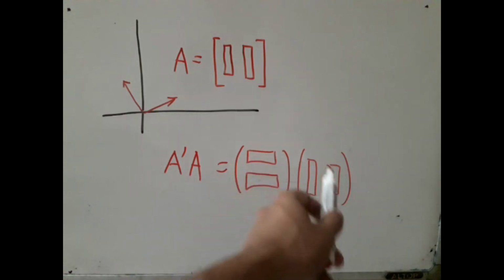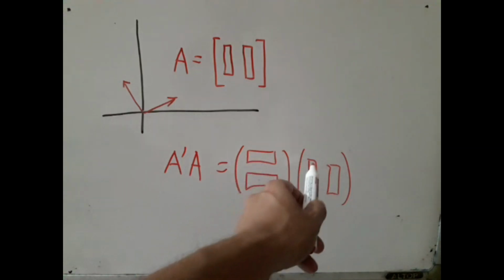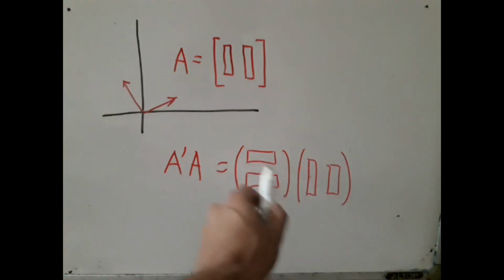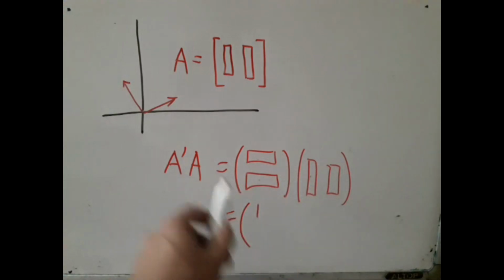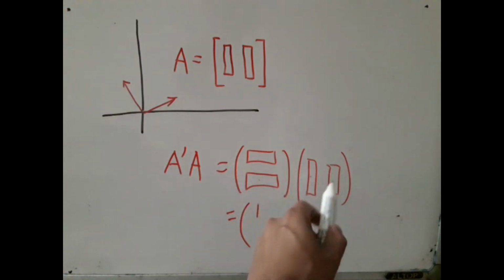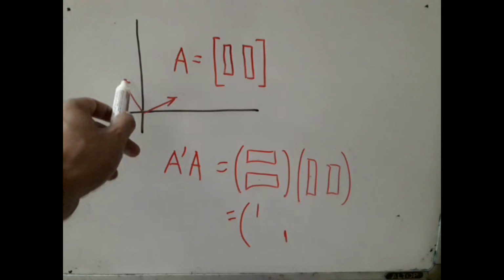So think of them as partitioned matrices. So it is this times this, that is the dot product of this and this. And this is supposed to be 1, which means the norm square of the first column is 1. That is, this vector is of length 1. Similarly, when I look at this one, it is the norm square of this entry. So that also has to be length 1.